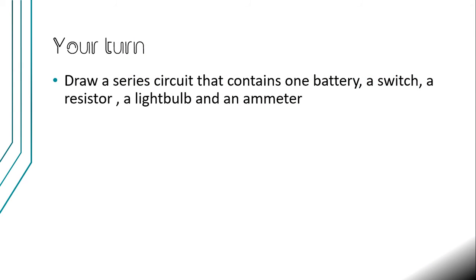Okay, so now pause. Draw a series circuit that contains one battery, a switch, a resistor, a light bulb, and an ammeter, and do it all in that order.